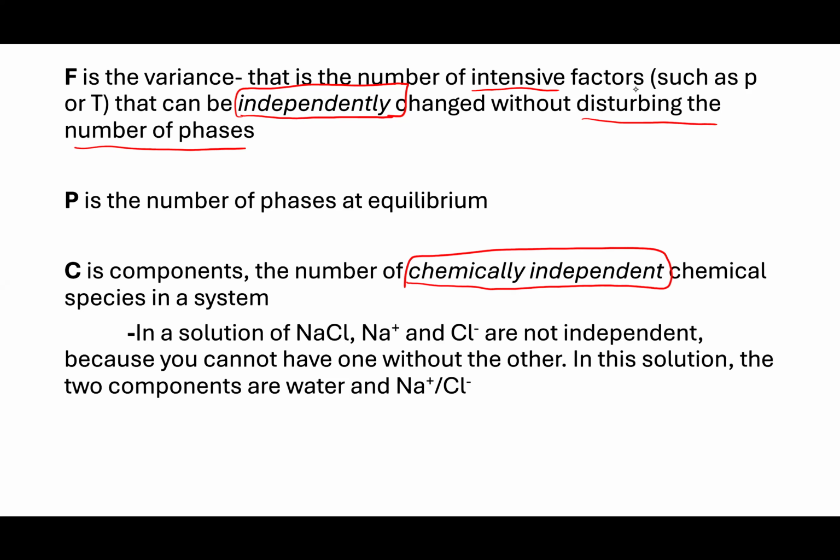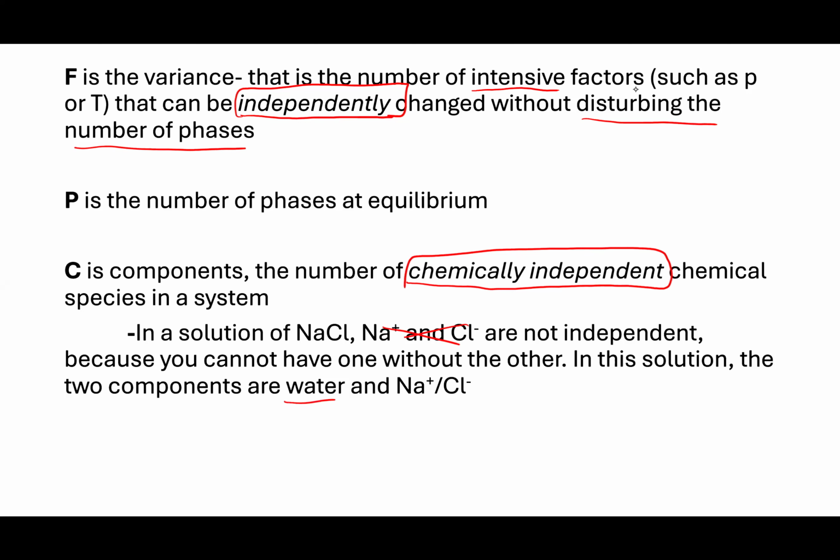for every plus, we have to have a minus somewhere. There has to be some amount of charge balance. We can't create a cation and then not have a negative charge to balance it out. That's impossible for chemistry's sake. Maybe physicists can do it, I don't know. But for what we care about, it's impossible. So these are not independent. What we're really seeing in this solution is two independent components.